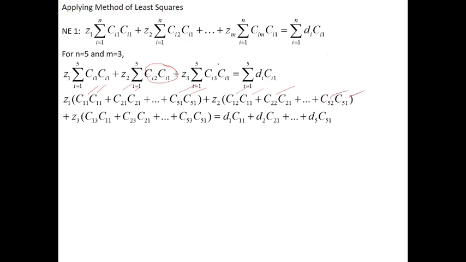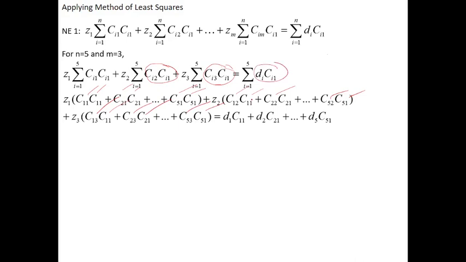Okay? Tapos ito naman, okay, we have c13 for I equals 1, c13, c11, okay? Then for I equals 2, c23, c21, until we reach c53, c51.